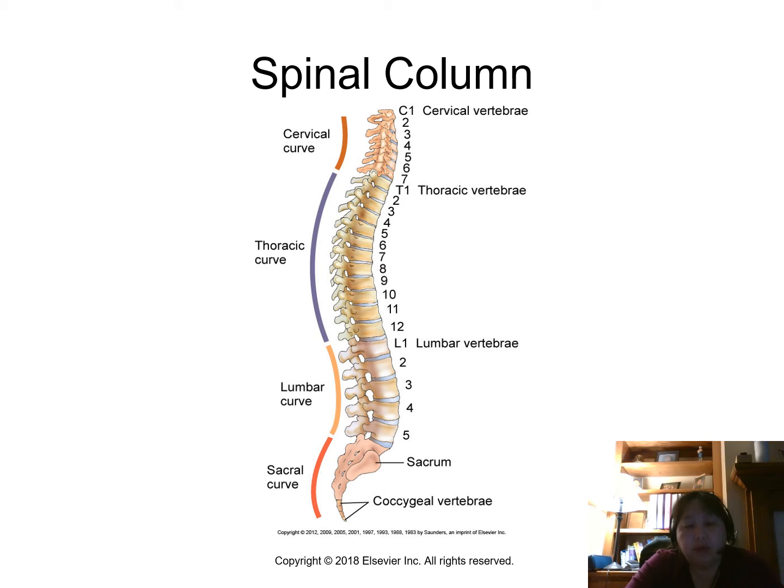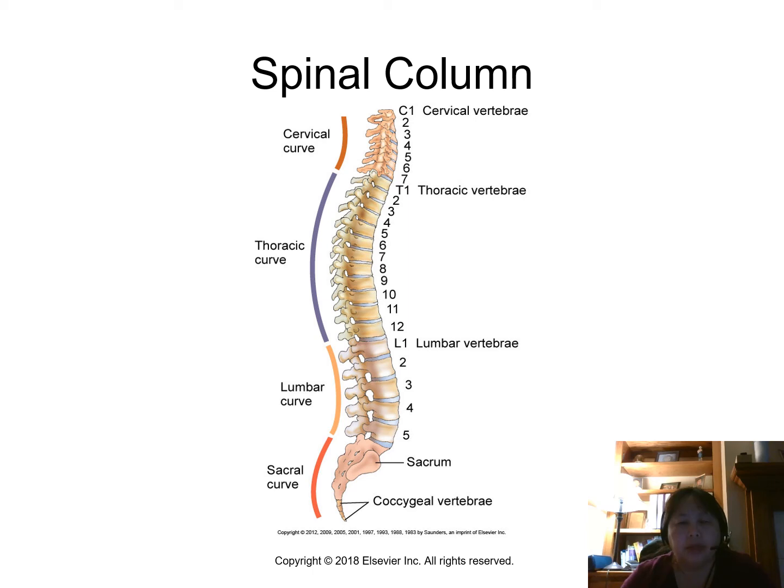So you have the thoracic, you have the lumbar, you have the sacrum, and you have the coccygeal vertebrae. So if you ever have an injury and you see a specialist, and they tell you that you have an injury to your cervical vertebra 4, then you kind of know exactly which vertebra they're talking about.